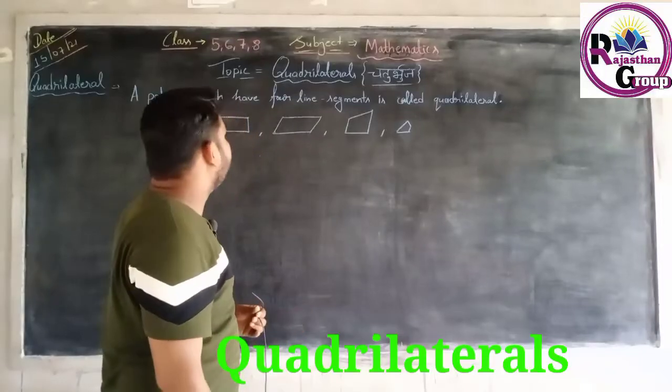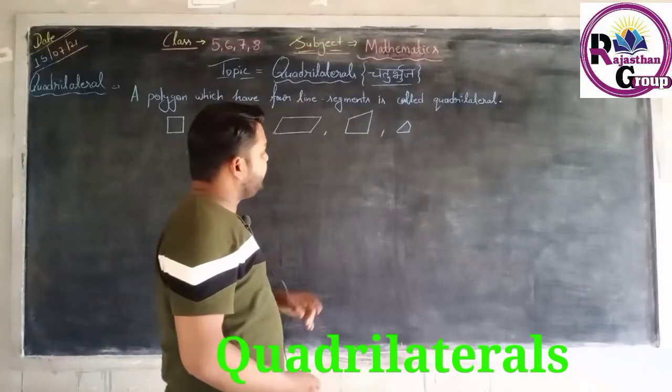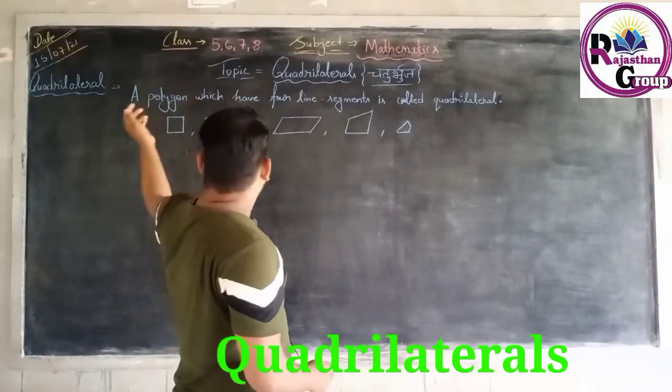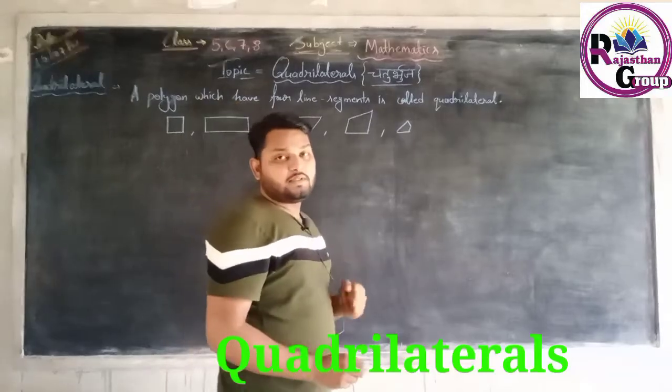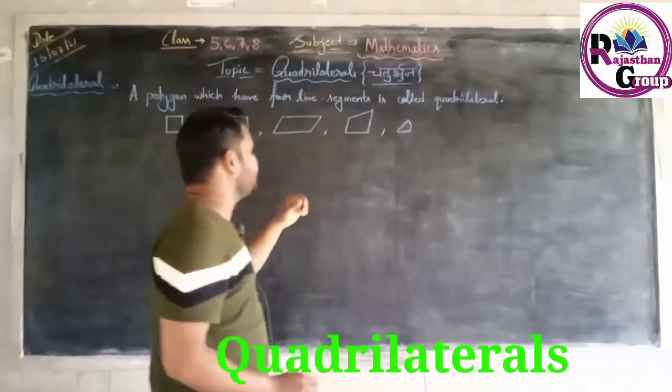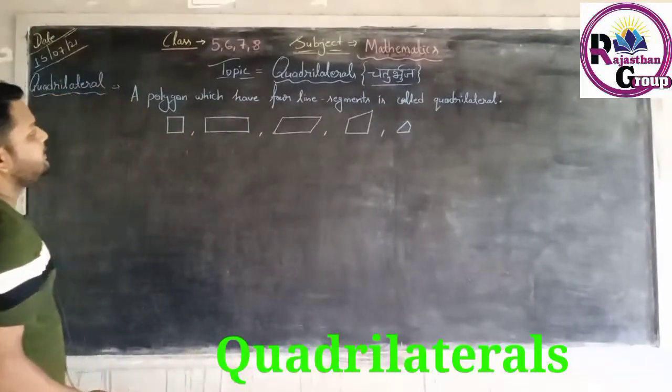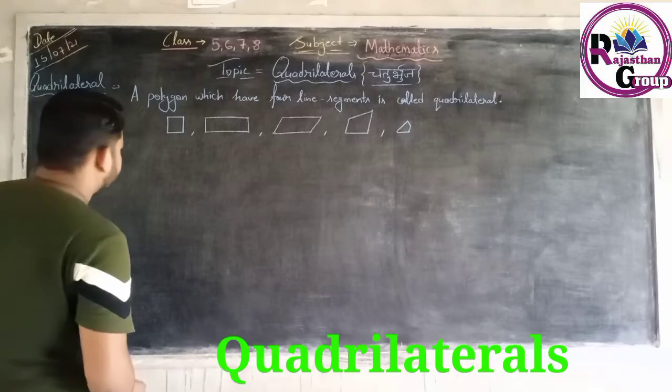Then you can say that every closed figure which has four line segments, we can call it a quadrilateral.